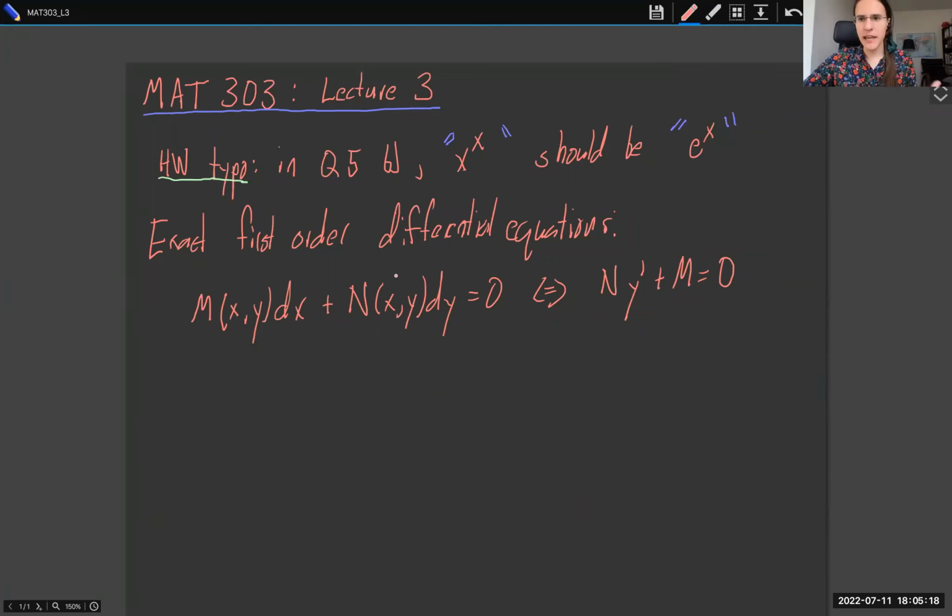So the claim that I made last time is we can consider the expression, for example, if K(x, y) is some function.